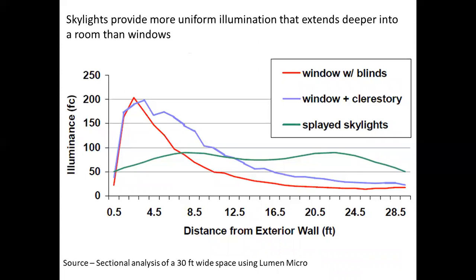This red line starts from 0, sharply goes up, and then gradually diminishes, right? So the effect is that on the left side where the red line starts, it has a very high intensity, a very high illuminance causing glare.